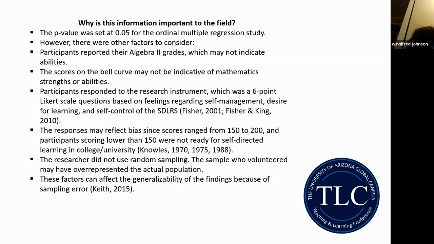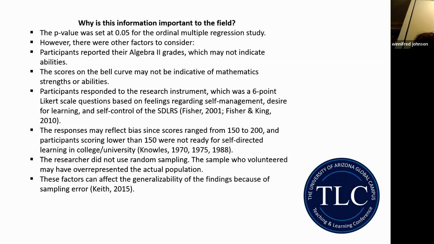Participants responded to the research instrument, which was a 6-point Likert scale of questions based on feelings regarding self-management, desire for learning, and self-control of the self-directed learning readiness scale, based on Fisher and King. The responses may reflect bias, since scores range from 150 to 200, and participants scoring lower than 150 were not ready for self-directed learning in college or university, based on notes.